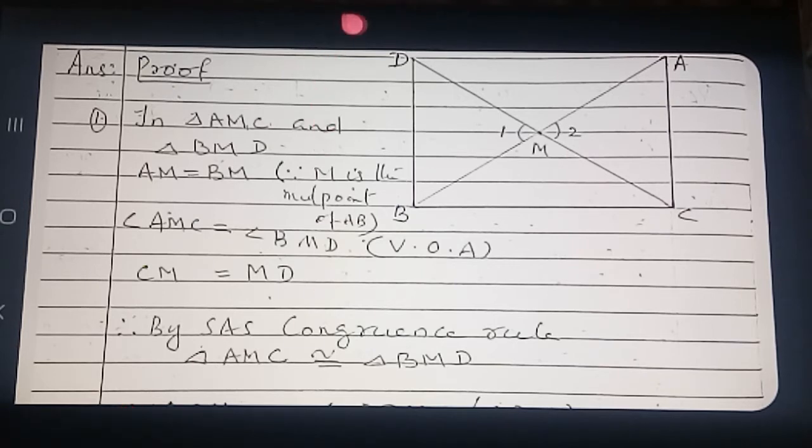Yes or no? This BD and this AC are parallel. You take BC as the transversal. Taking BC as the transversal, which angles? Angle ACB and angle DBC are interior angles on the same side of the transversal.